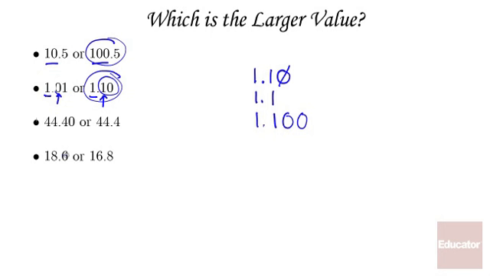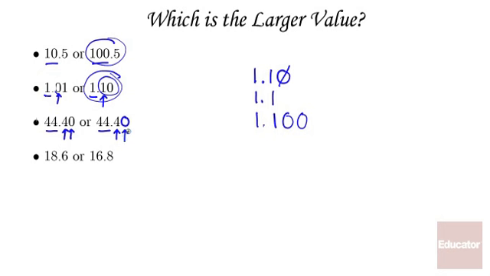The next one, again, look at the whole number. They're both the same, 44. So then I'm going to take a look at the next place value. Again, they're the same. They're both 4s. So then I look at the next one. This is 0. Now remember, I can add zeros here if I want to because it's after the decimal place at the very end. So this can also be 0.